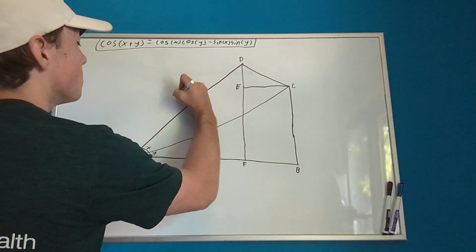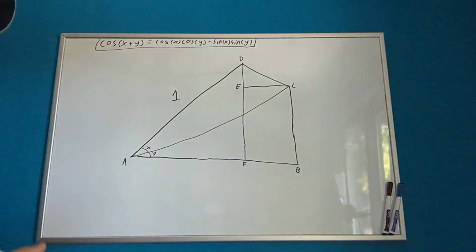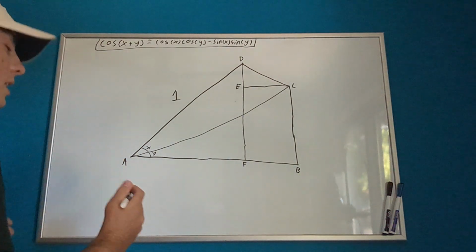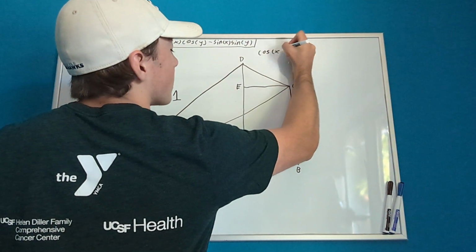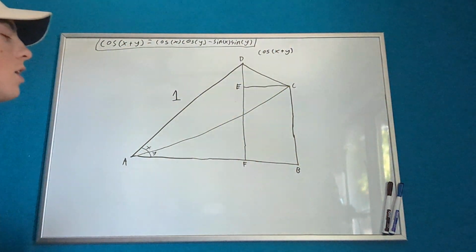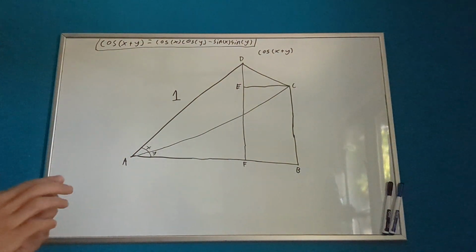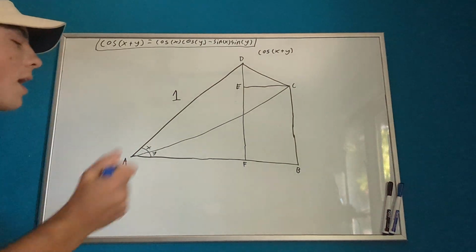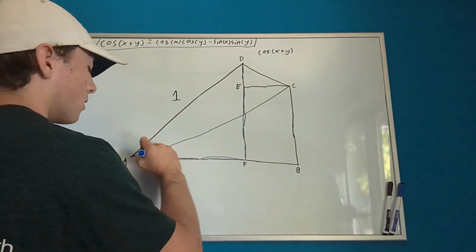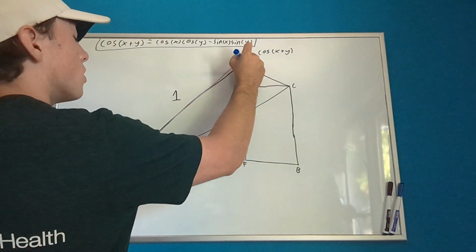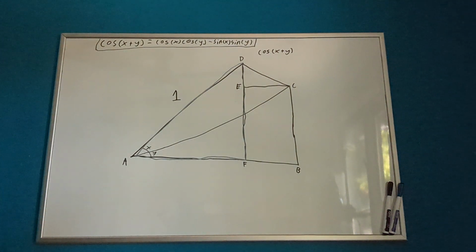It's going to have this side with a measure of 1, and all the other sides we don't know. So the first thing we want to do is write down cosine of x plus y. Over here we have angles x and angles y. If we just focus on the triangle I'm going to shade in blue, what side would be cosine of x plus y?